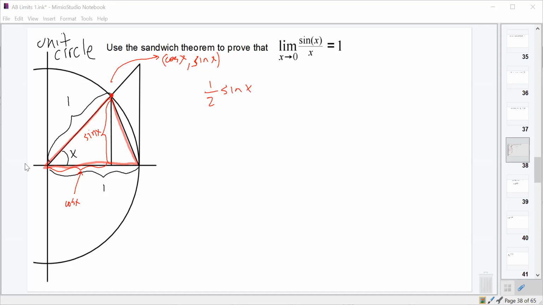Next up is not a triangle. Next up is the sector of the circle, a little pizza wedge cut out of that. I want to find the area of that. How do we find the area of the sector of a circle? x out of 360 times the area of the circle.